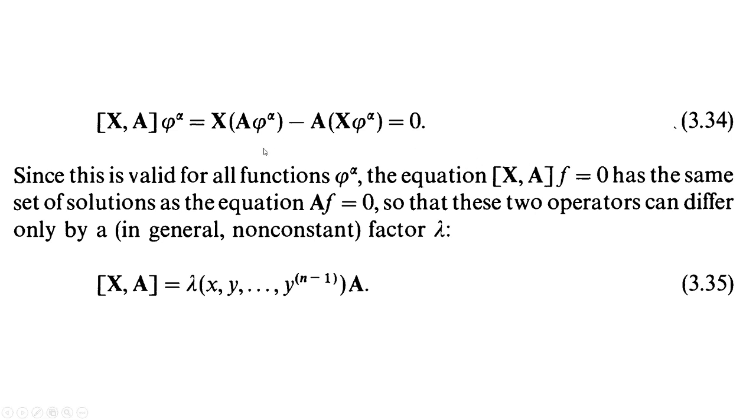That the total differential operator and the commutator do the same job. That means they are some function multiple of each other. What A does, the same thing will be done by this commutator. So that means this equation holds for some function lambda.